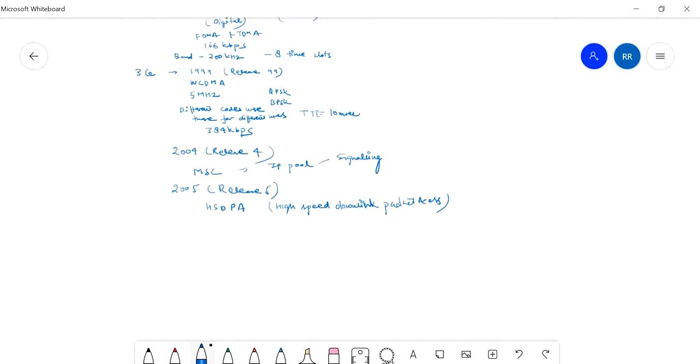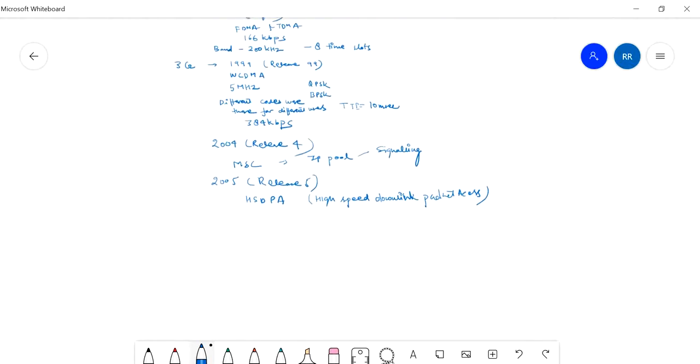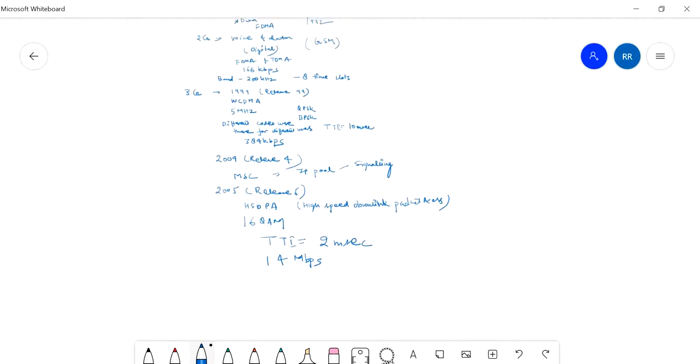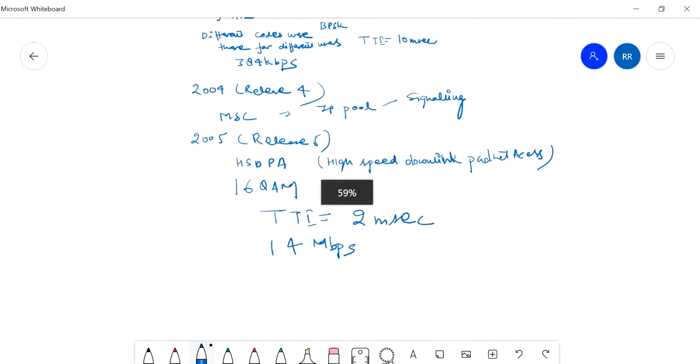Here the main thing was that 16 QAM came. This is a modulation scheme, 16 QAM, and TTI became 2 millisecond. Speed used to be 14 Mbps, right? So these are the major highlights of release 5, we say.